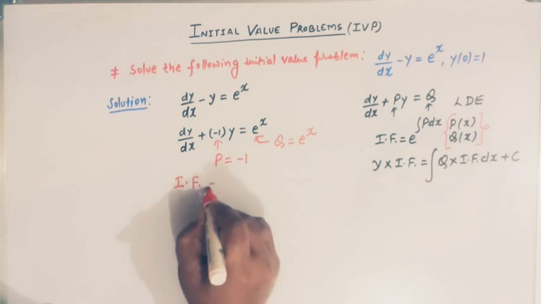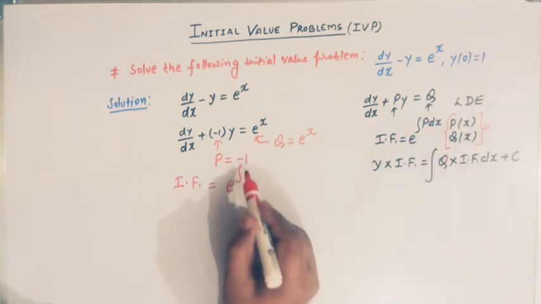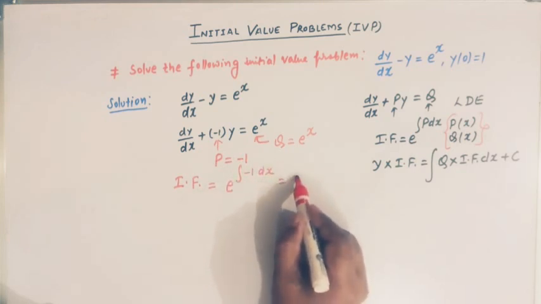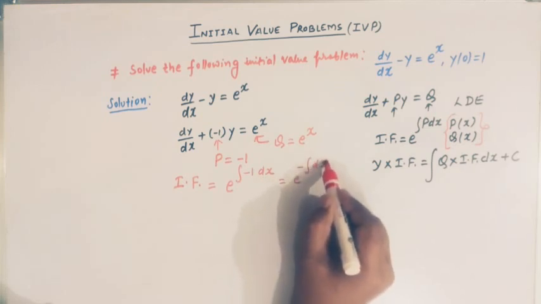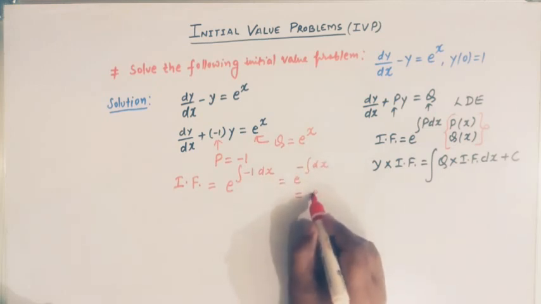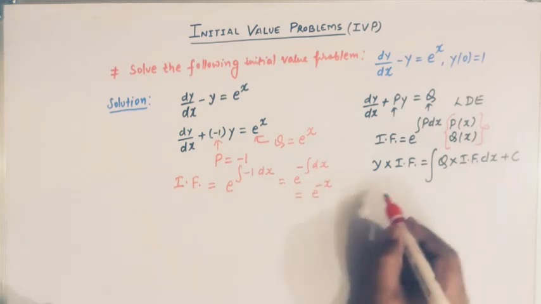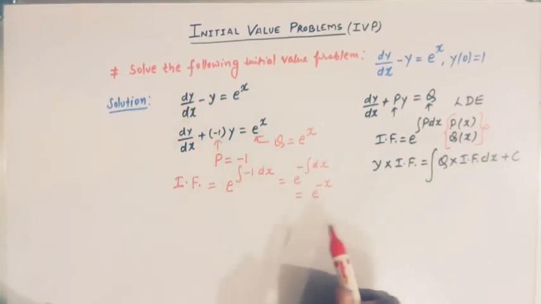The integrating factor is e raised to integral of p dx. P is minus 1 and here we have dx, so this is e raised to minus integral of dx, and this is minus x. So the integrating factor of this differential equation is e raised to minus x.